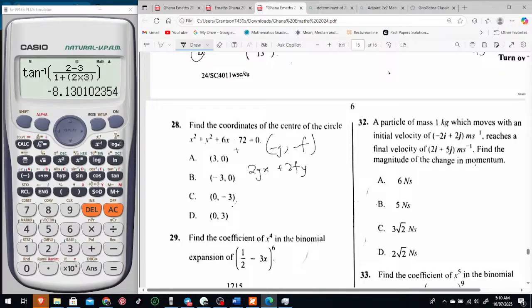So you take this one, then you equate it to what? That's in 6x. So today I don't remember anything. Yeah, please help me.